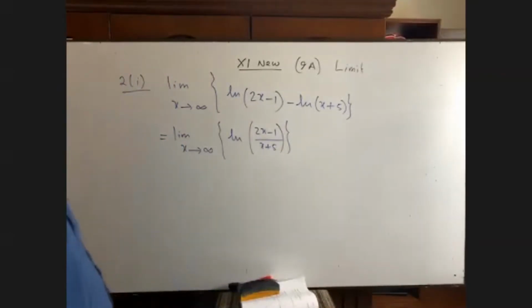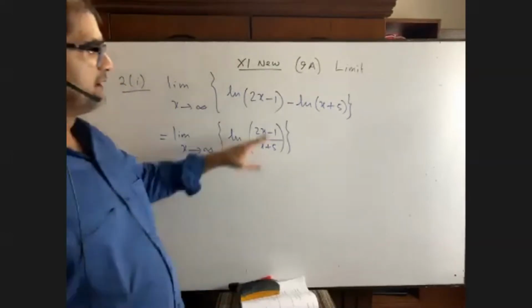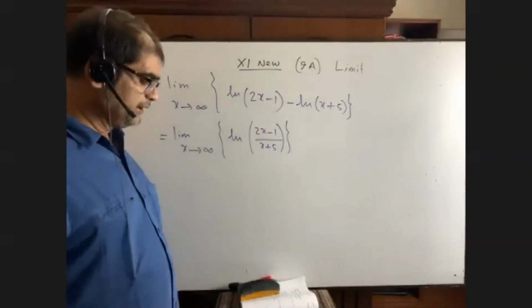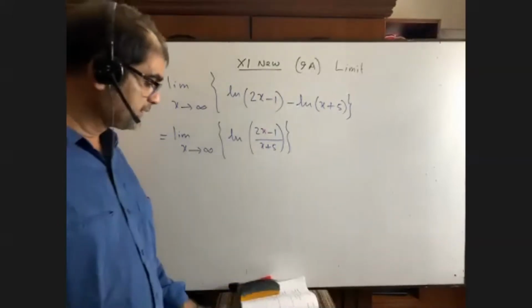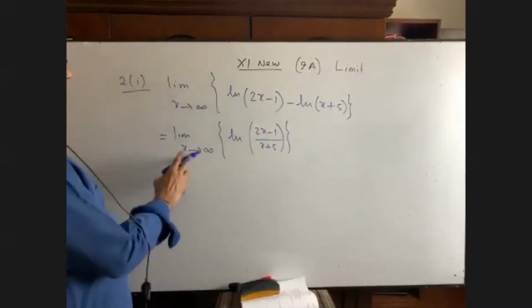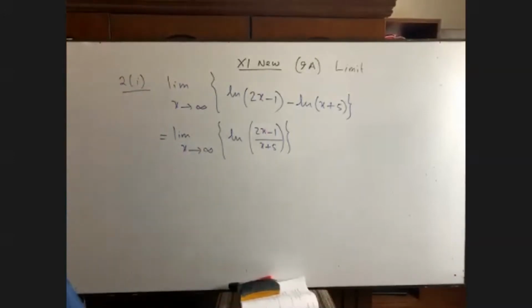Is it or not? Yes, sir. During division, it is multiplication. Now, how will you do this math? You see, the value of x is infinity. Then how to do this math?